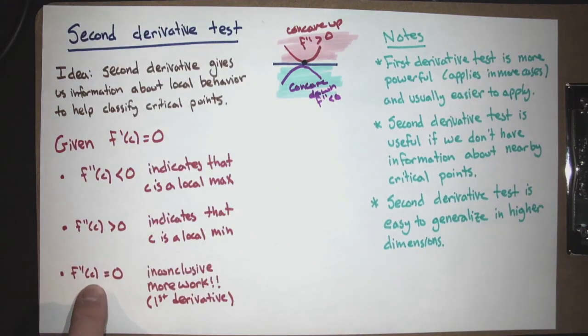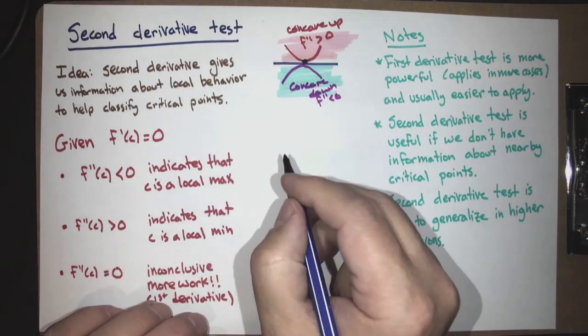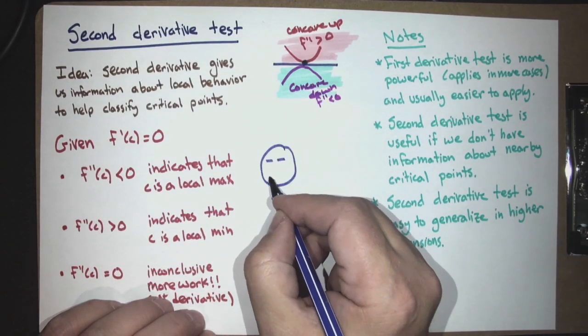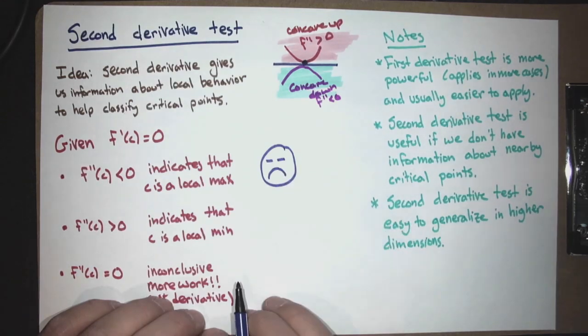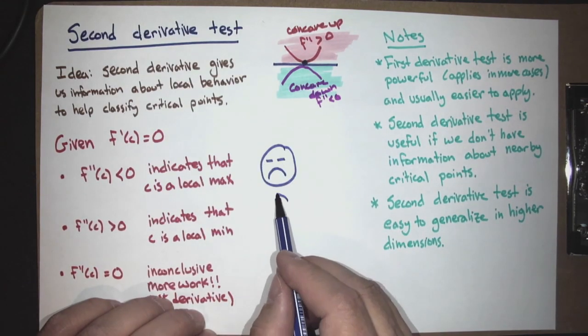If the second derivative is 0, more work. The test is inconclusive. The way I remember this is, if the second derivative is negative, I look like that type of curve. Second derivative, I see two minuses.